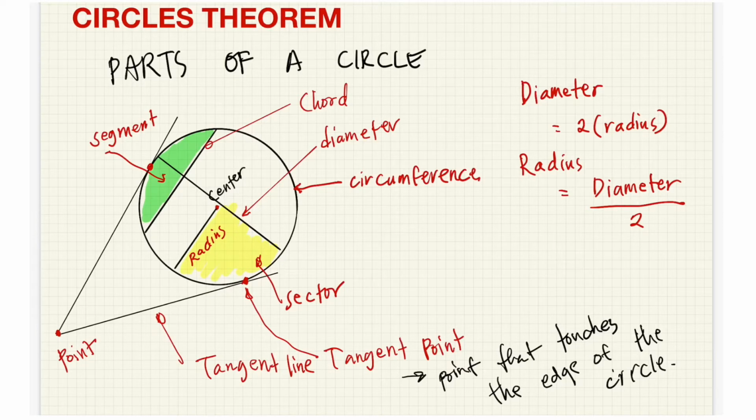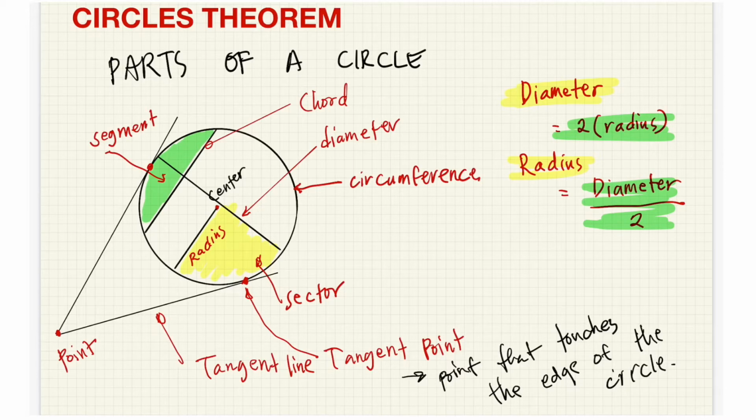Again, diameter is equal to 2 times radius, and radius is equal to diameter divided by 2. And these are the parts of the circle.